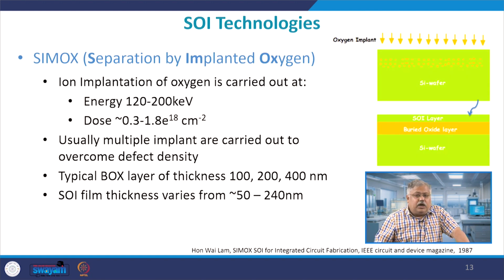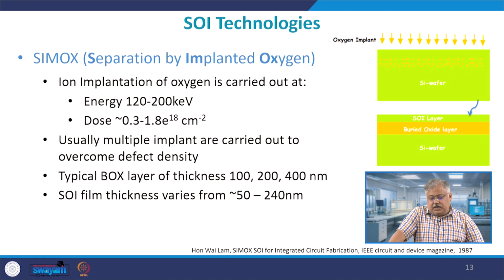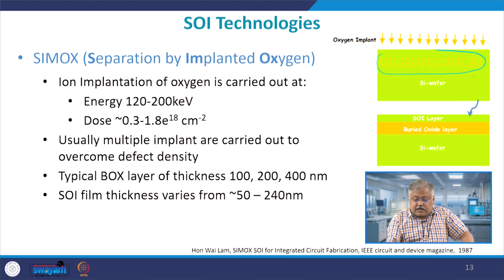Now, another way of forming this buried oxide layer is what is known as SIMOX, or separation by implanted oxygen. So, I have the silicon wafer, the green colored is my silicon wafer, and these dotted yellow ones are basically my oxide ions getting placed at that particular point.